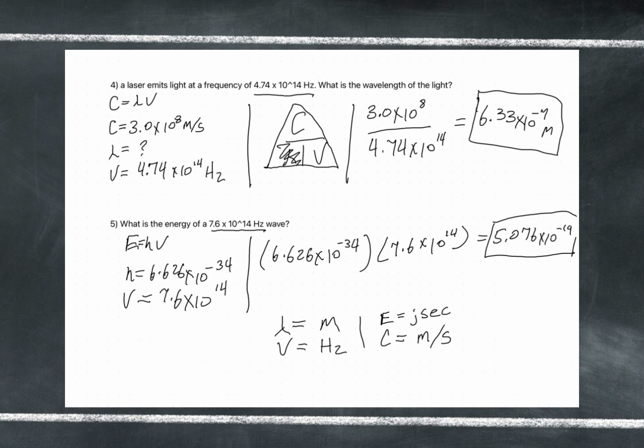Okay, so make sure you know those and you're able to convert to those. Make sure you're able to use your wave triangle, whether that is for the energy of a photon, energy of a wave given off, or even for your speed of light equation like we did multiple times here.